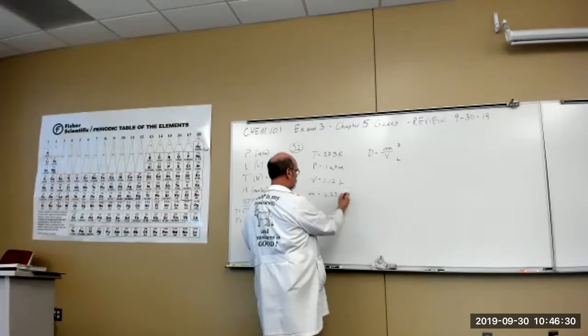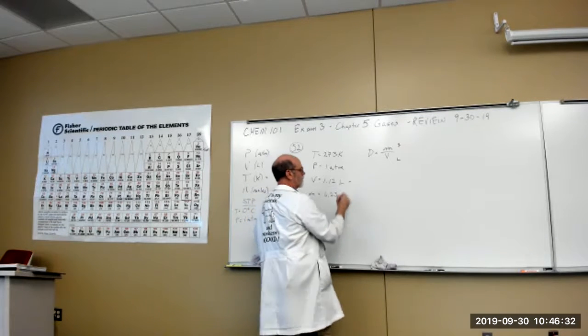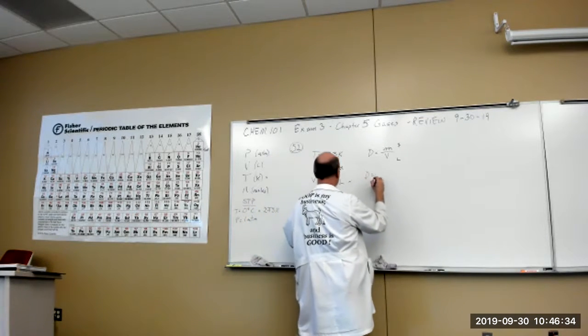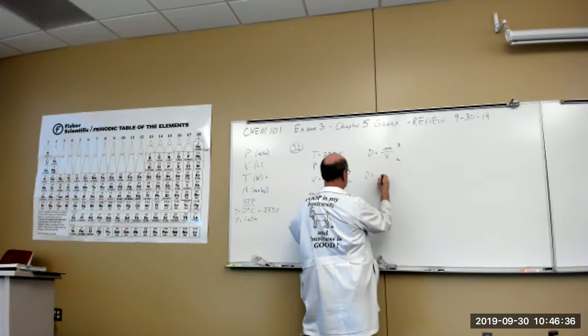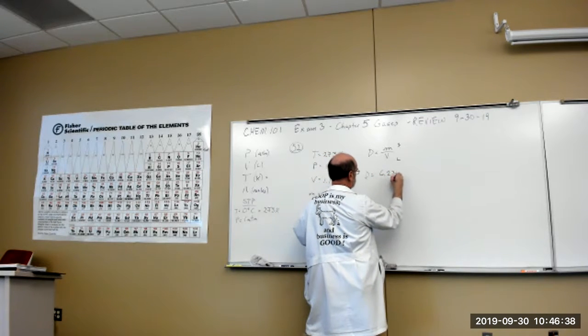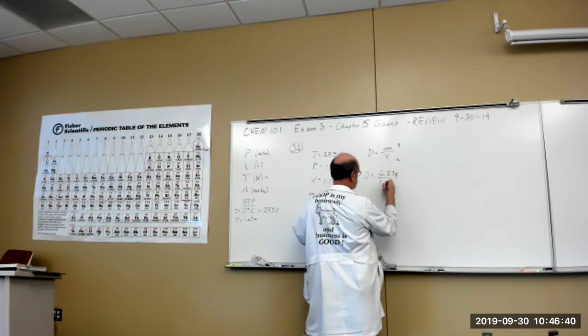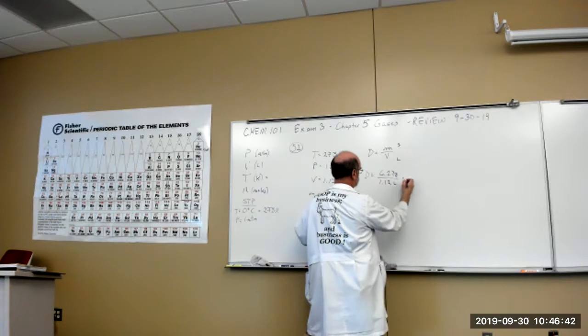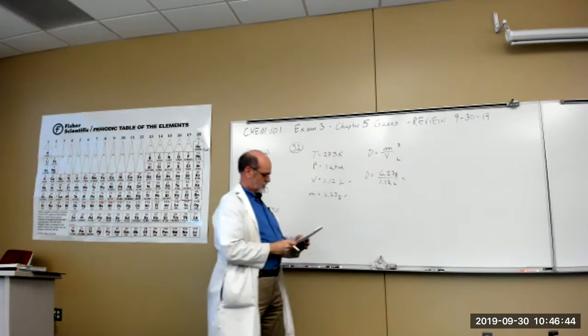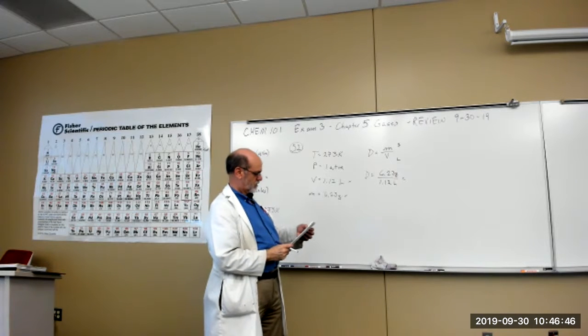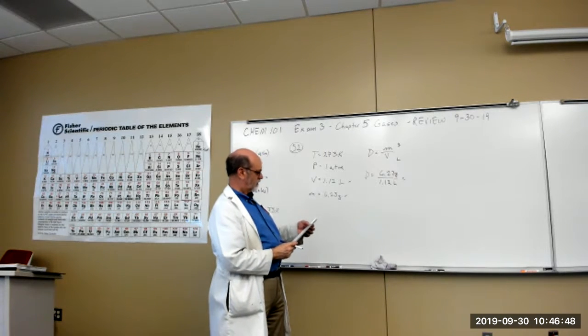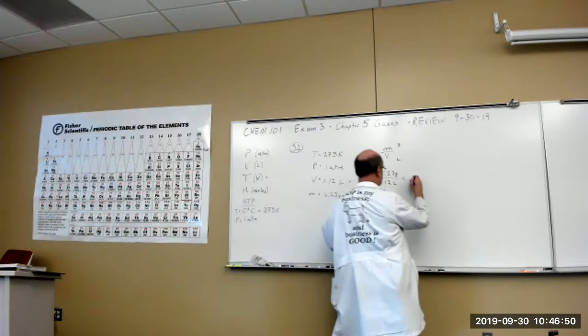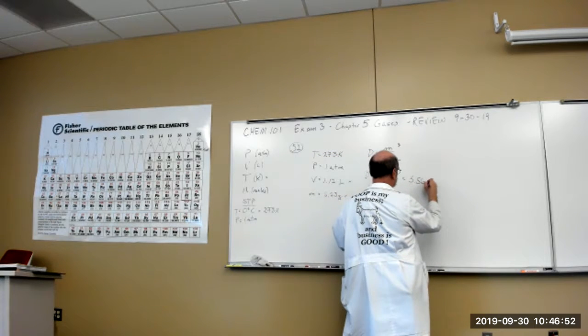Yep, we have grams, we have liters. So it's just a matter of plugging in the numbers. Whatever that happens to be. Let's see, it should be 5.56 grams per liter.